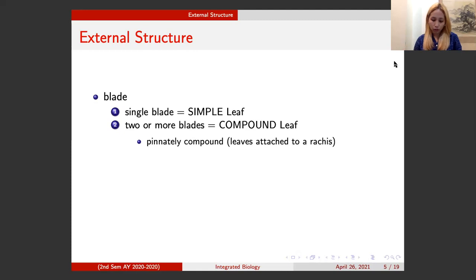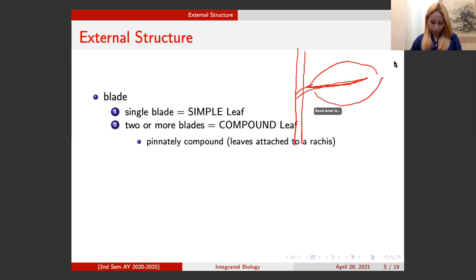So what does this look like? So for example, this is your stem, right? Then you have a petiole, right? Your petiole extends up to the tip of the leaf. So supposedly here is where you're going to find the blade. But in the pinnately compound leaf, instead of finding the blade, you find leaflets, smaller leaf blades.